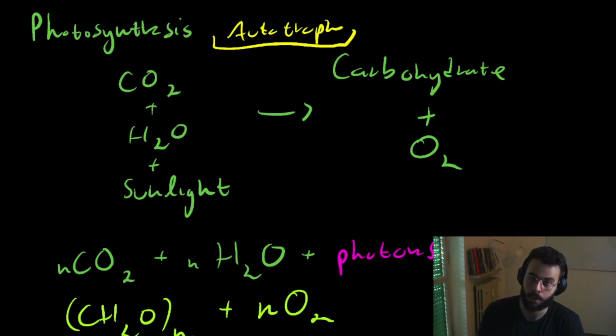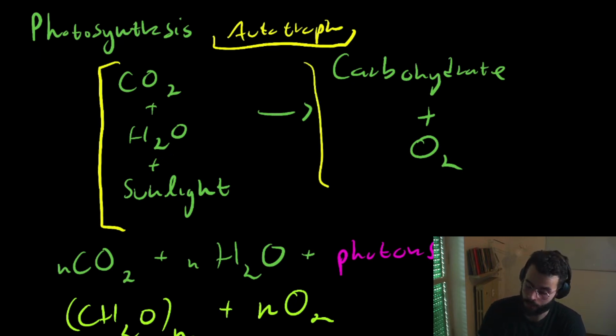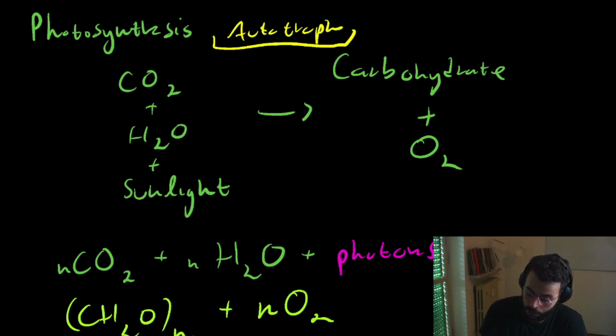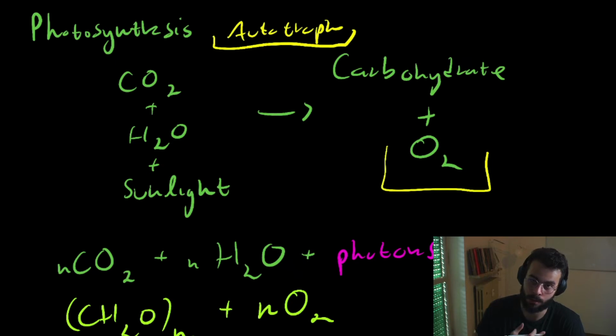After you read the notes I wrote for this course, the general equation for photosynthesis is carbon dioxide plus water plus sunlight, which is the energy, on the one side, and the products are carbohydrates and oxygen. Oxygen is very important because it is what we use on the planet.